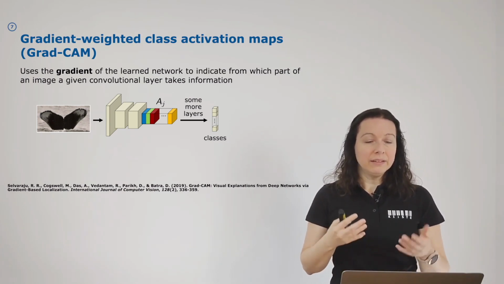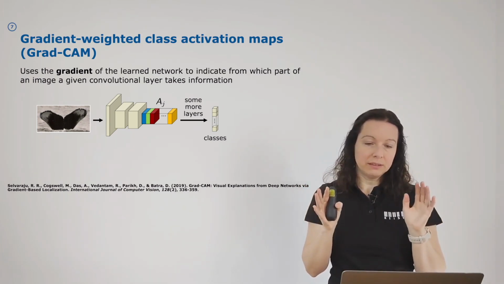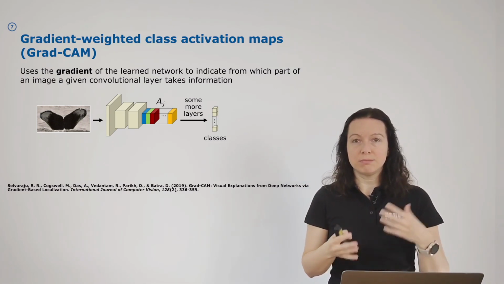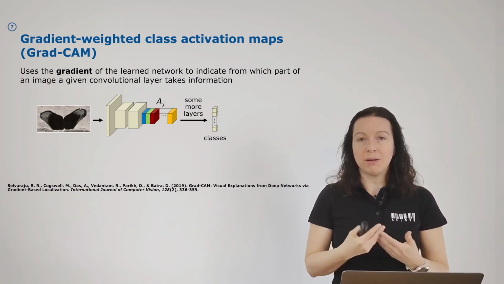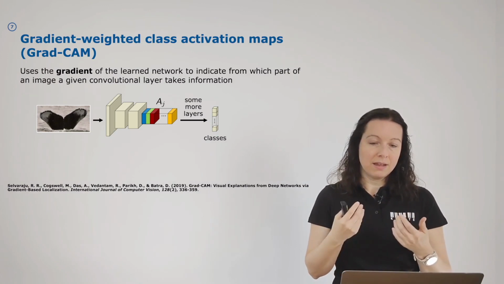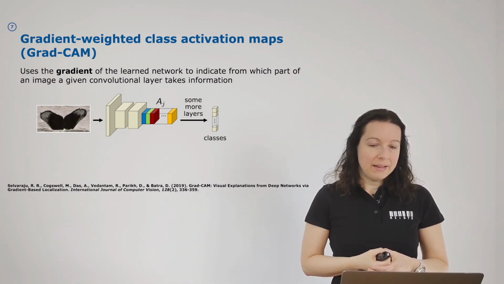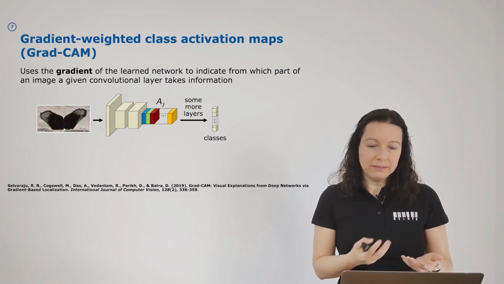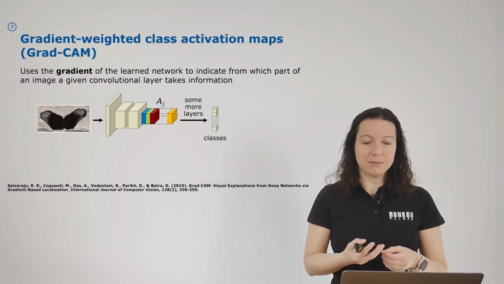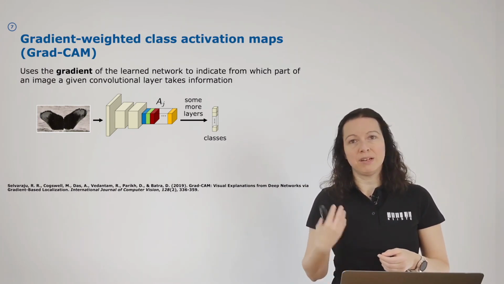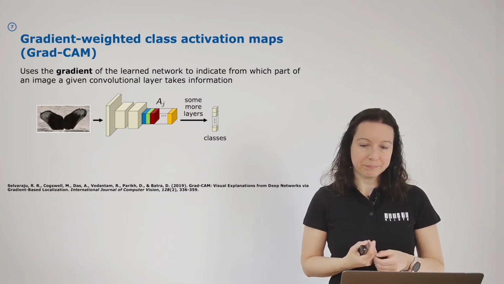Here also the same principle: the activation maps are multiplied by some weights, but the weights are now based on the gradients. And it's more versatile, as I said, since it produces visual explanations for any arbitrary convolutional neural network.